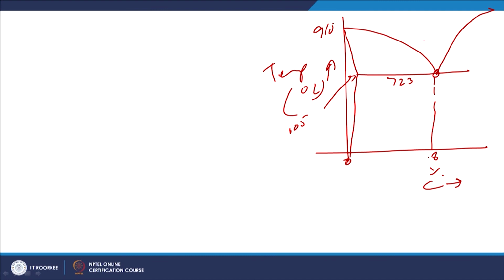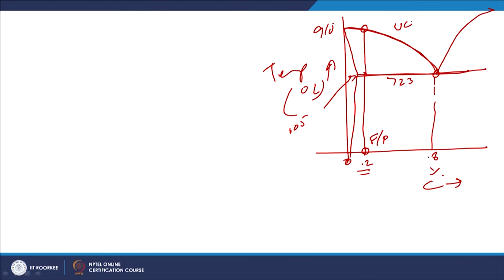From the carbon content point of view, when the carbon content in the steel is, say, 0.2, then at room temperature it has primarily ferrite and a little bit of pearlite. When we heat it above the upper critical temperature limit, the upper critical temperature line is this, and this is the lower critical temperature line.